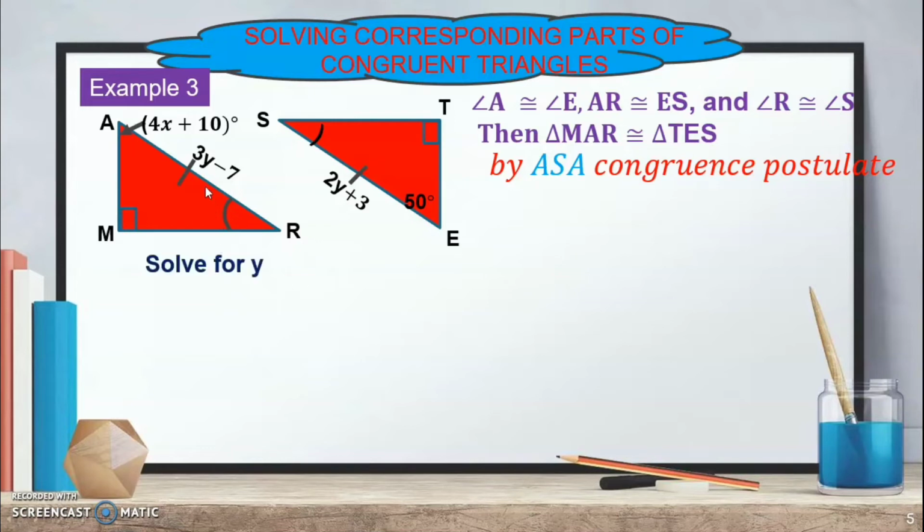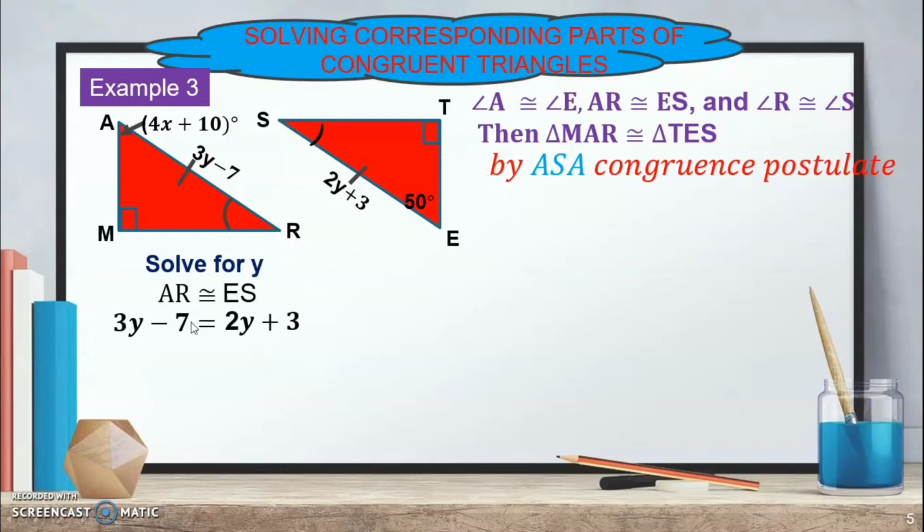So, we will solve for the value of Y. In solving the value of Y, we know that this side is equivalent to this side. AR, this side is congruent to this side. So, AR is congruent to ES. So, the measurement of AR is 3y minus 7 is equal to 2y plus 3.